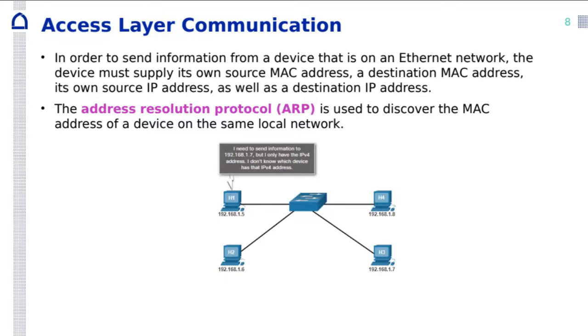If I have the IP address but I don't have the MAC address, how do I get the MAC address? By using Address Resolution Protocol, ARP. ARP discovers the MAC address of a device on the same local network. Thank you. Any questions?